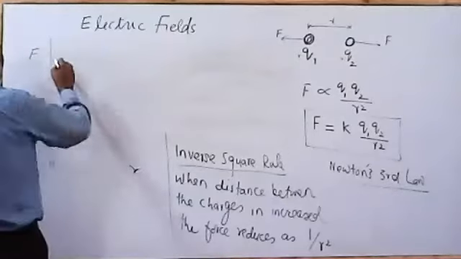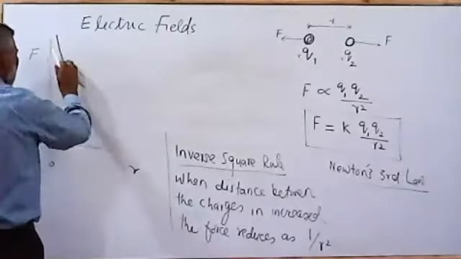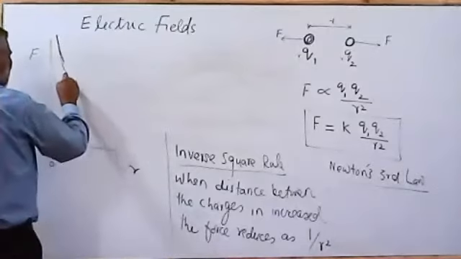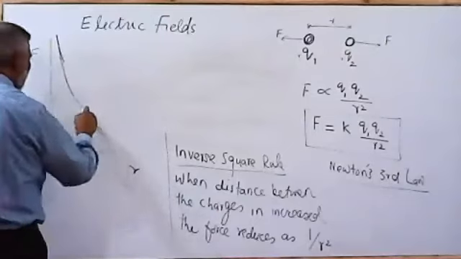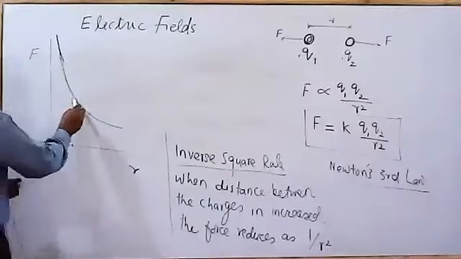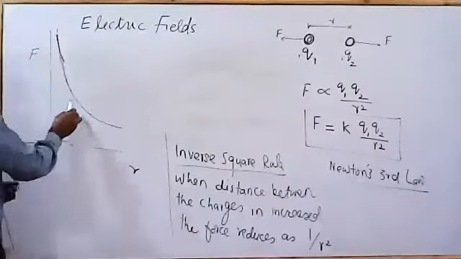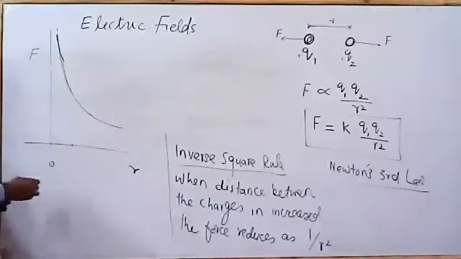That simply means that when you bring them close enough to make the distance 0, it will be an infinitely large force that they exert on each other. So this is not going to touch this axis.